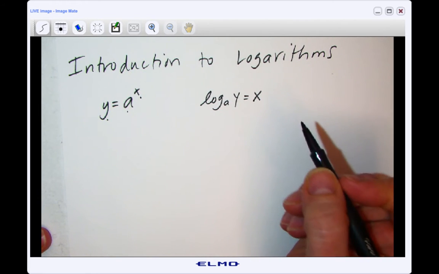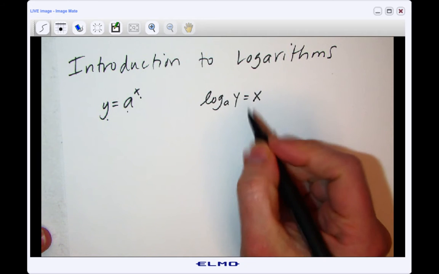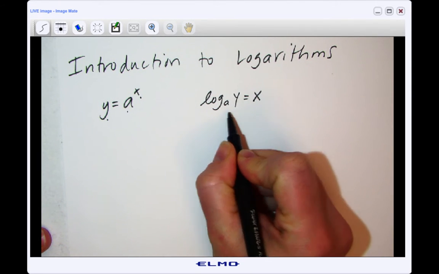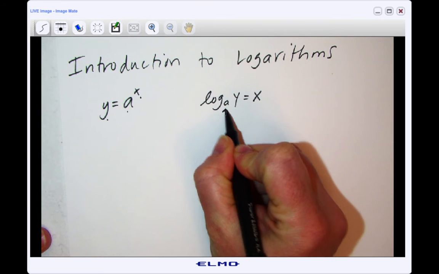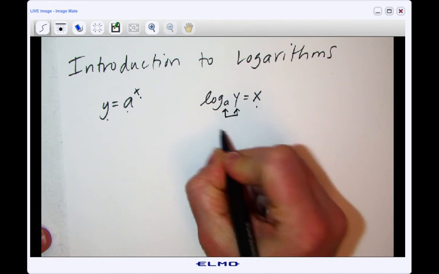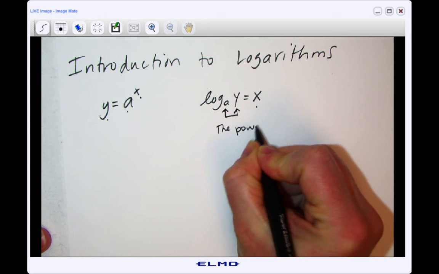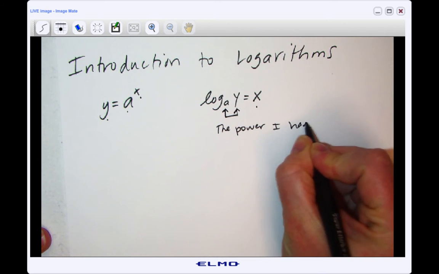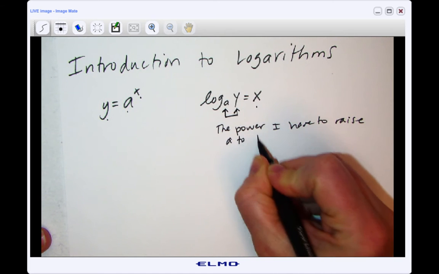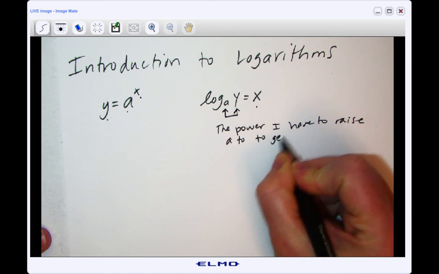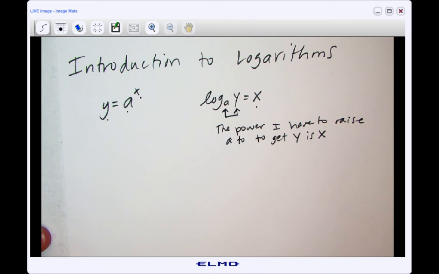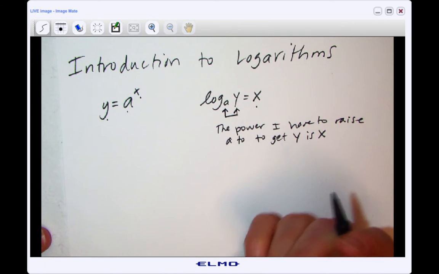This one says, the power that I have to raise a to get y is x. That's what this one says. Now they basically say the same thing.